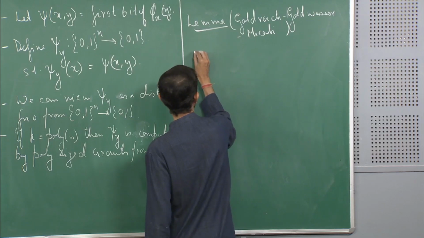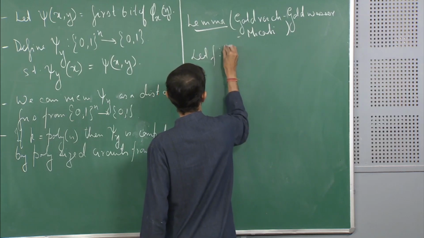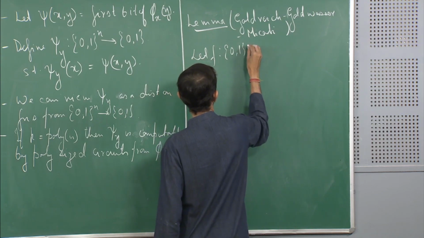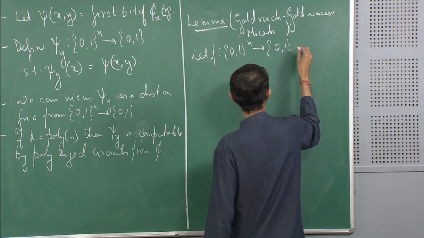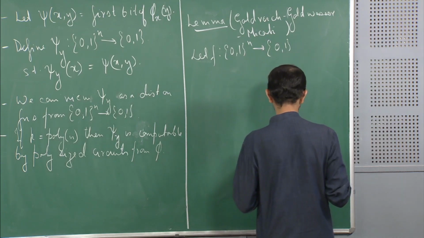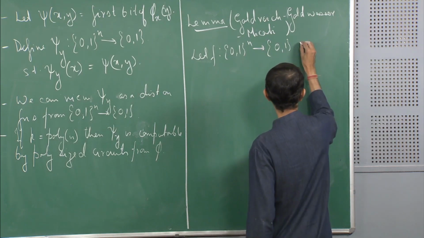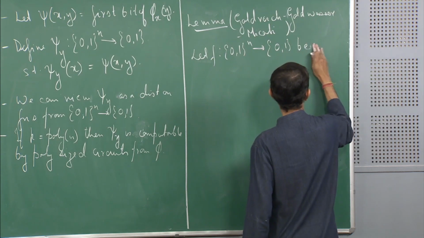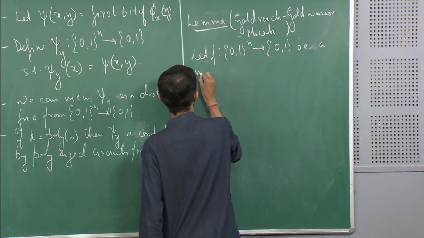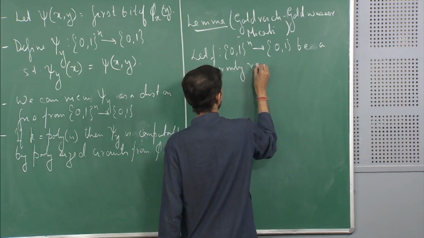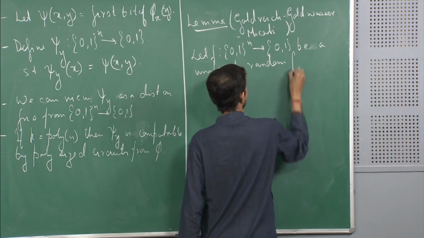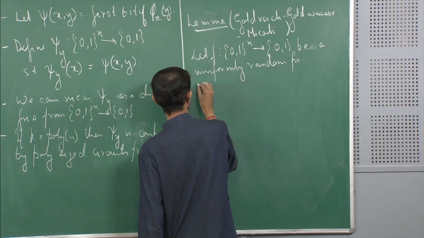So let f be a function from 0 1 to the power n to 0 1, a uniformly random function.